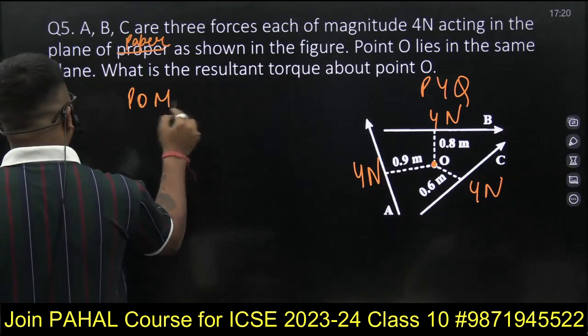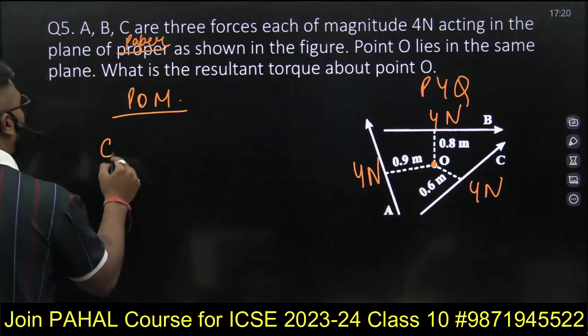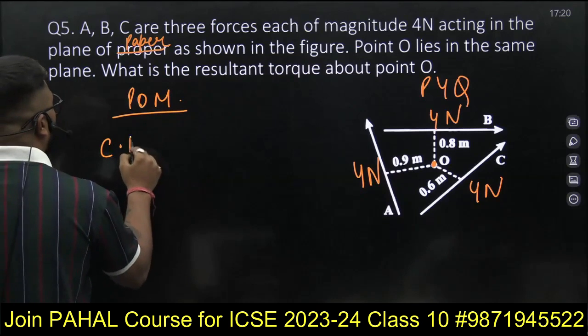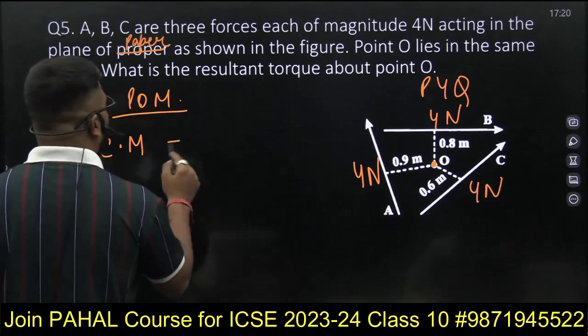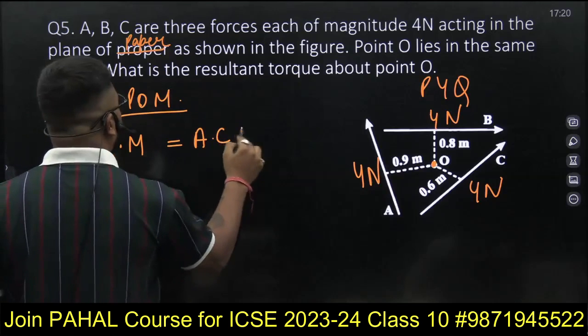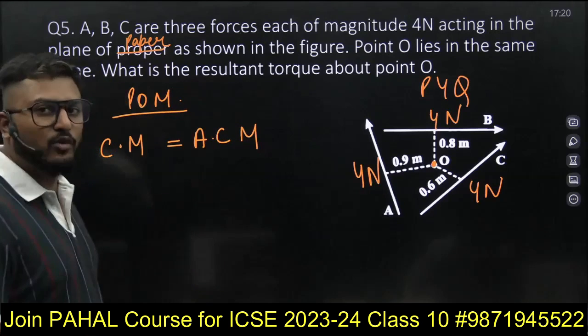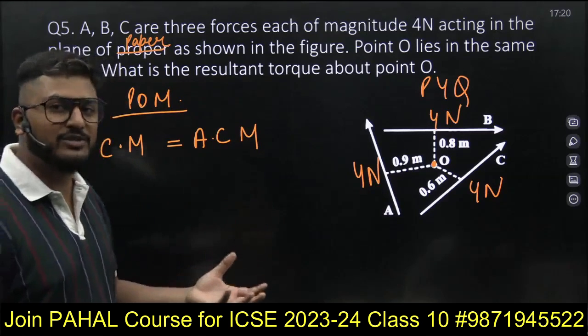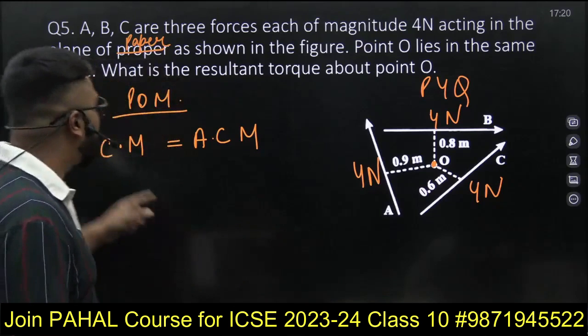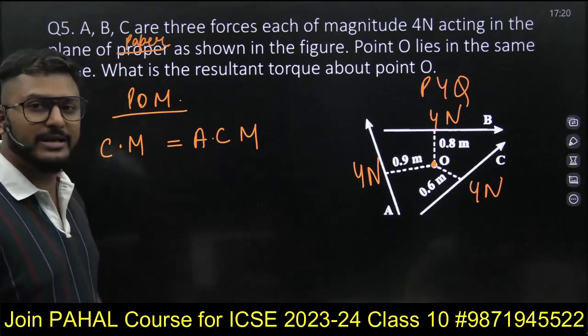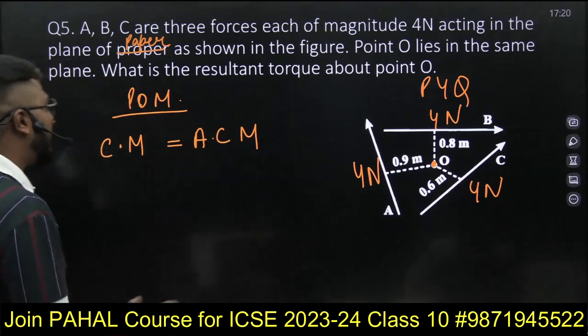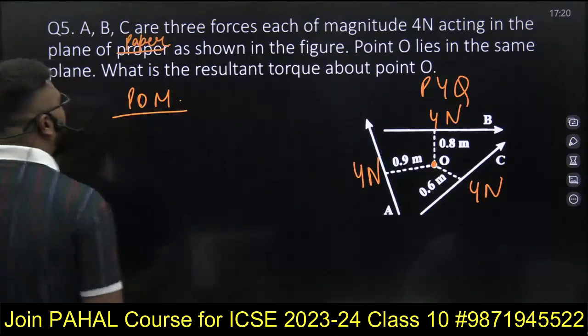Principle of moment जो भी मैंने आपको बताया था, that the clockwise moment will be equal to anti-clockwise moment. So principle of moment says that if an object is in equilibrium, then in that case clockwise moment is equal to anti-clockwise moment, right? This is principle of moment.